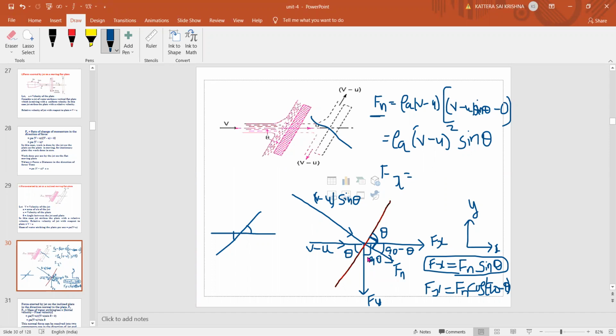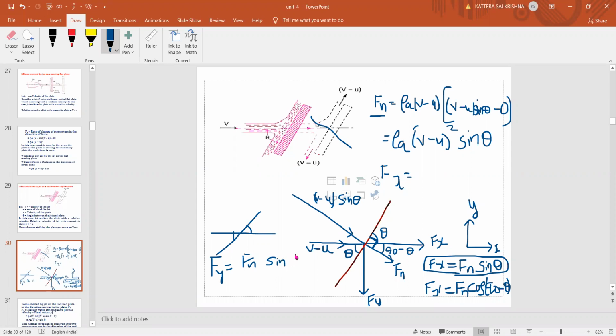Okay. So one thing you can do directly. One second. If you take 90 again, you will be confused. So already the angle is between these two. So if you want Fn in the direction of Fy, what can we write? Fy equal to, first this Fn should come here. So Fn. There is no angle between these two, so that becomes a sine.